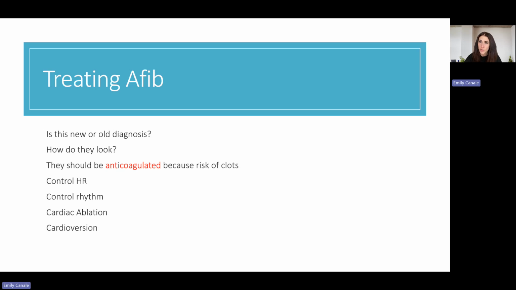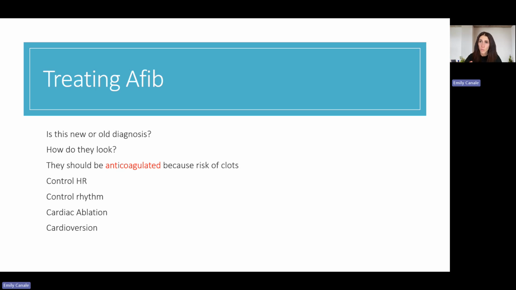So initial rate control is necessary. If it's new onset AFib, I want that heart rate to be normal. So I could use digoxin, a beta blocker, calcium channel blockers. And then once that heart rate is managed, then I'm going to think about my antiarrhythmic medications, cardiac ablation, where they scar or destroy that tissue in the heart, or cardioversion.